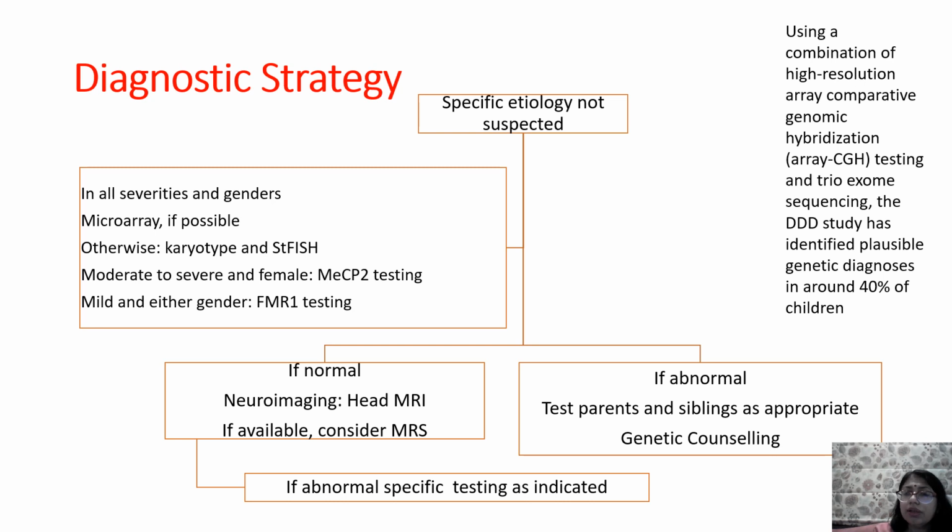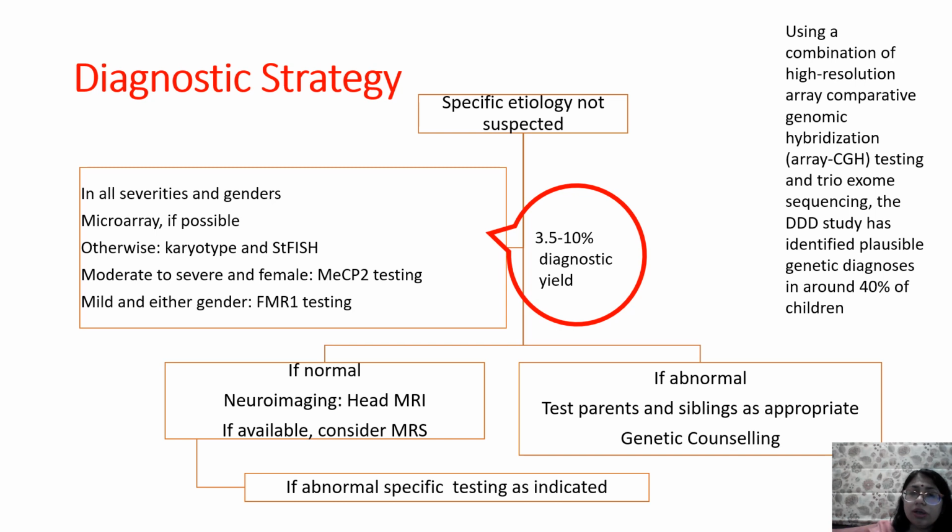So in fact, the Deciphering Developmental Disorders study found that using a combination of high resolution array comparative genomic hybridization testing, that is array CGH testing, as well as trio exome sequencing, a plausible genetic diagnosis was found in 40% of the children. So in addition to the history and examination, we had an additional 10% diagnostic yield using only the genetic testing of microarray or targeted testing.